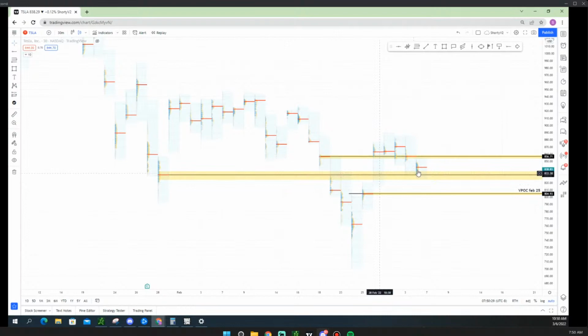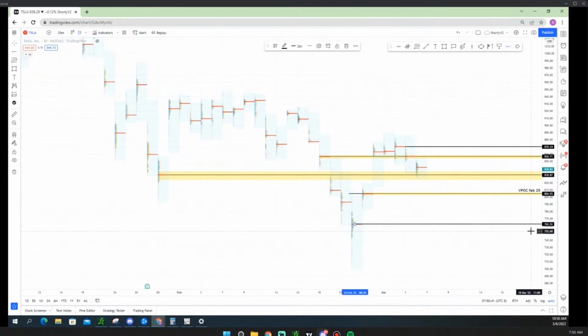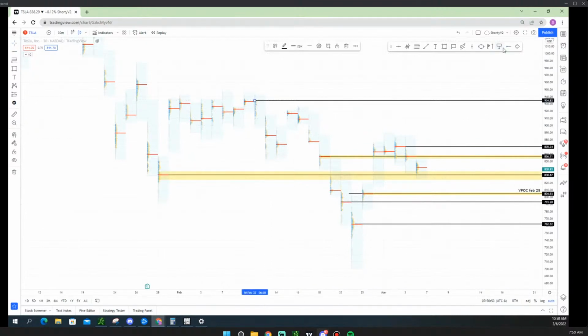If you have these levels here, you can start marking them and see how the price responds to it. So you have this level here, and another one below that, so you have, I guess, 762. I'm pretty sure we'll have about 790, 780s. Yeah, there it goes. So you have these levels here, and I'm pretty certain you have some VPOCs above.